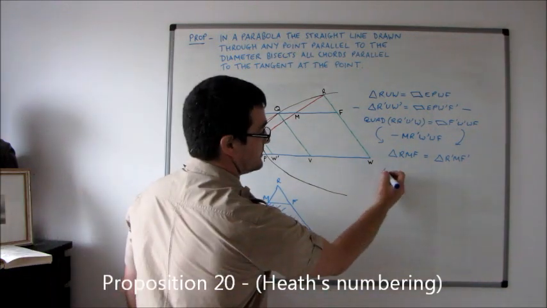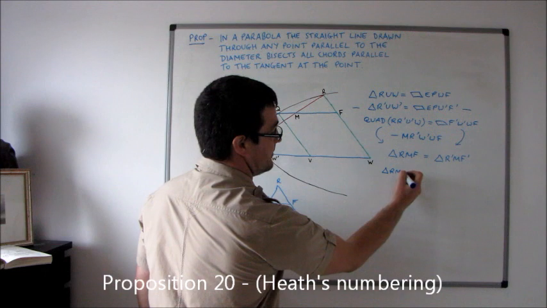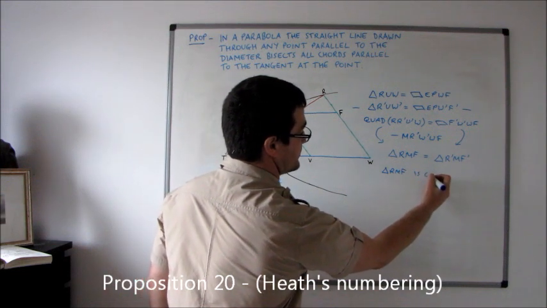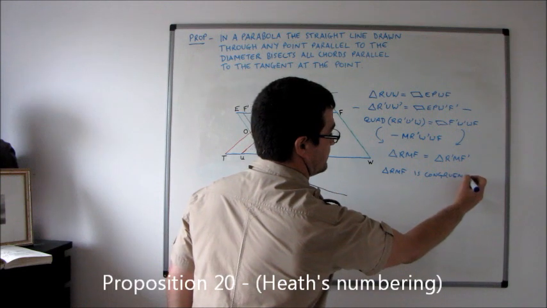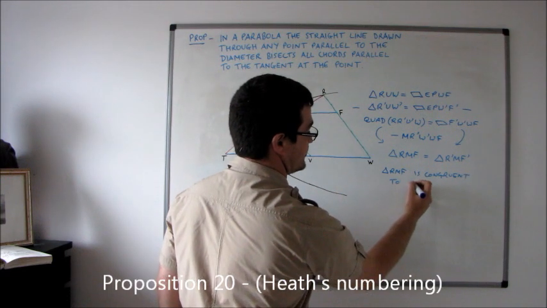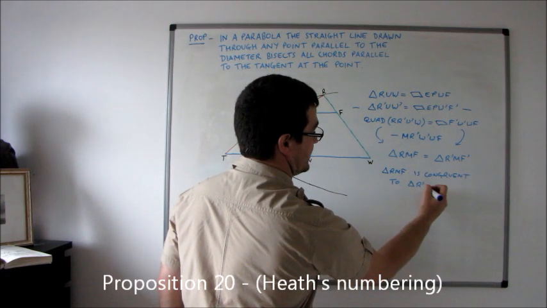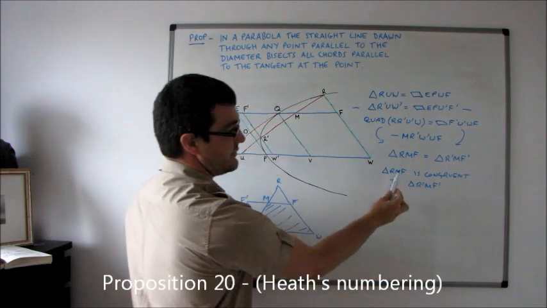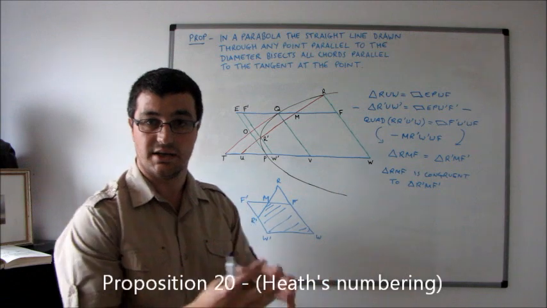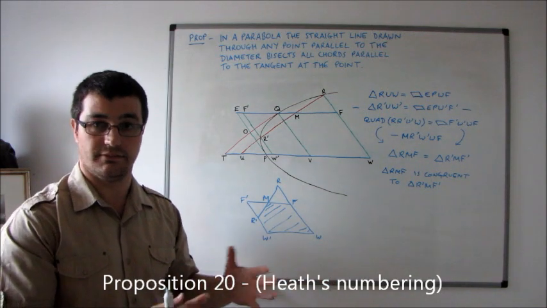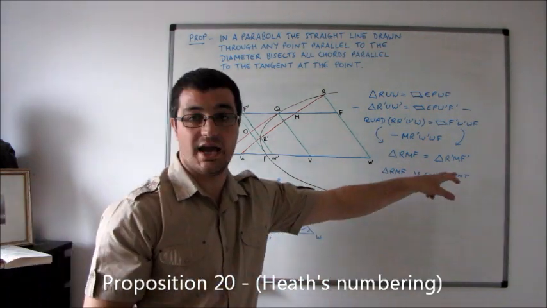So triangle RMF is congruent to triangle R'MF'. The equal area itself is not sufficient to tell us that the triangles are congruent, because two triangles could look very different to one another and still have the same areas.